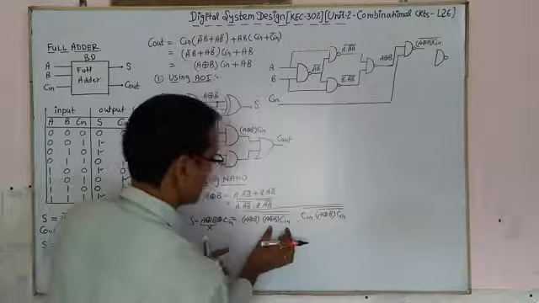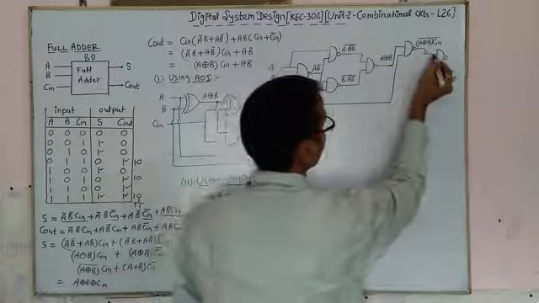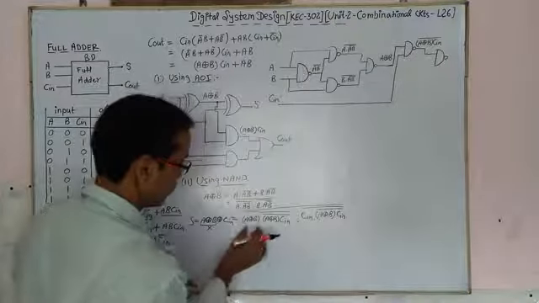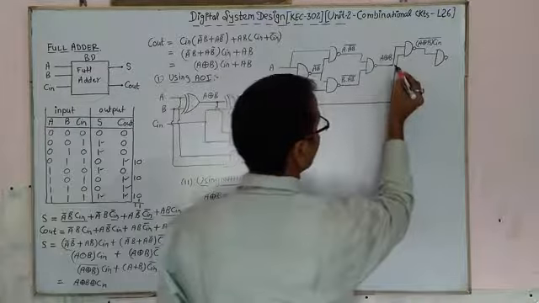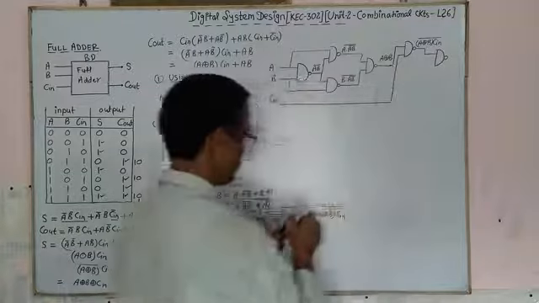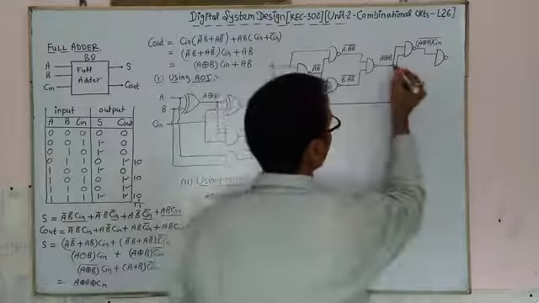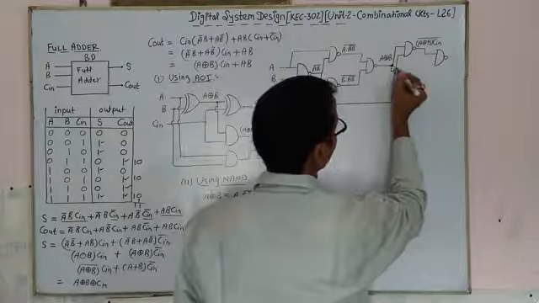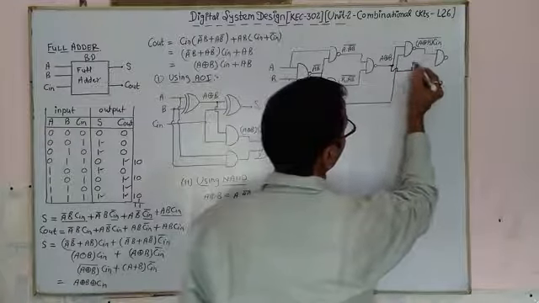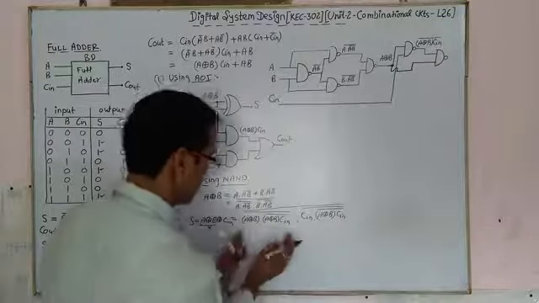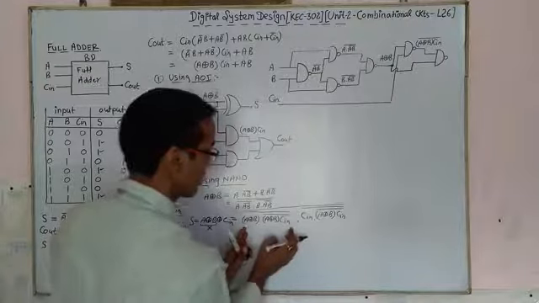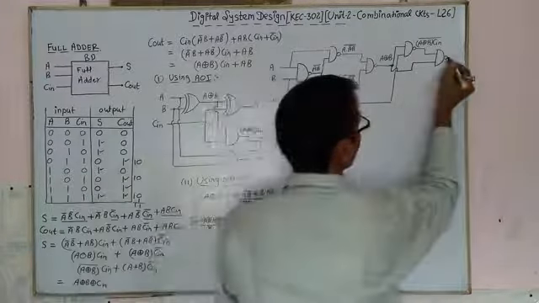One input is this, and one is from A XOR B. So this term is completed.